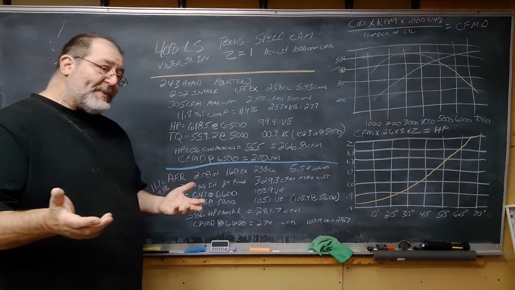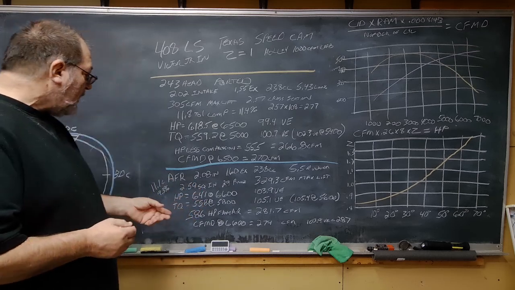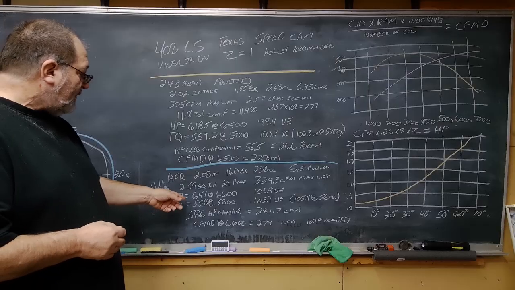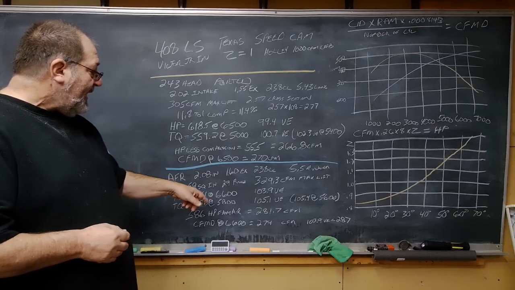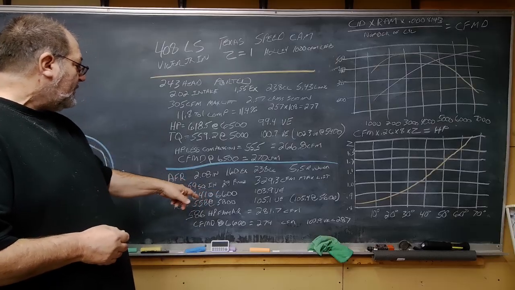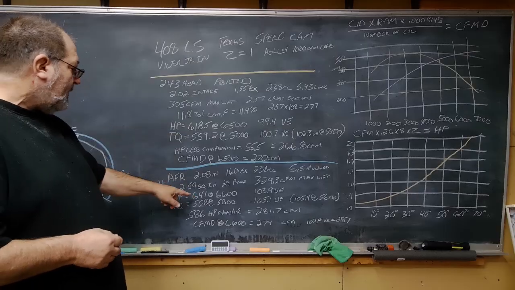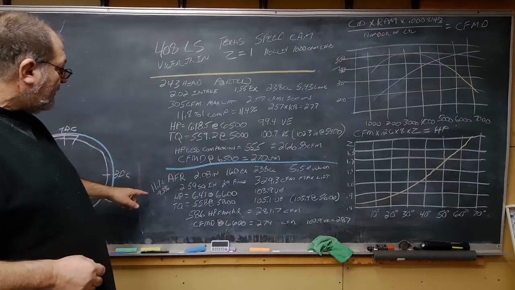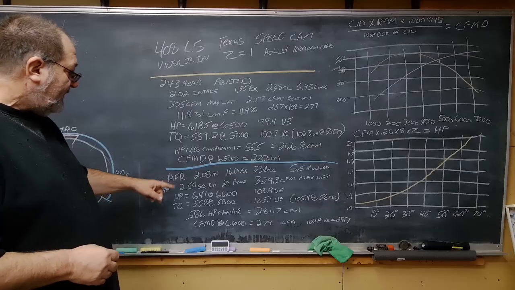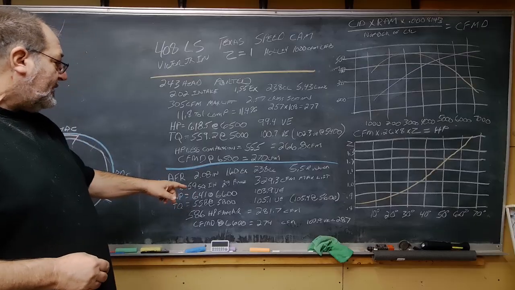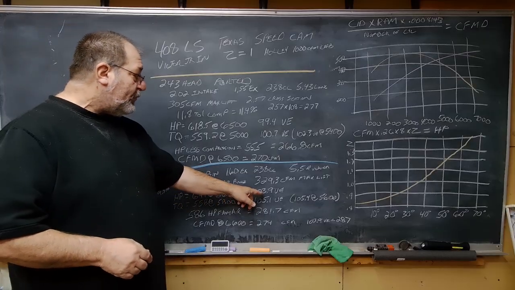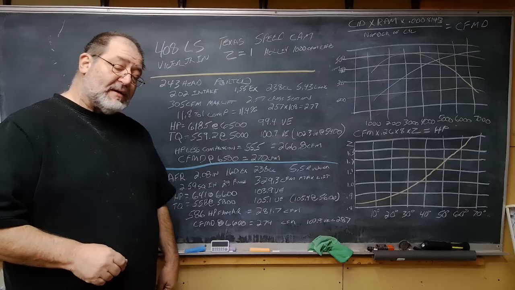Now, what happened to power? What occurred? Well, if you look at this, we made 641 at 6,600. So we're up horsepower. But remember, we're also down on compression. So we actually did pretty well. And it's now sitting at 103.9 VE.